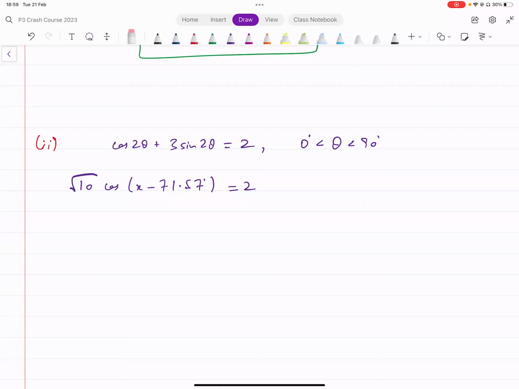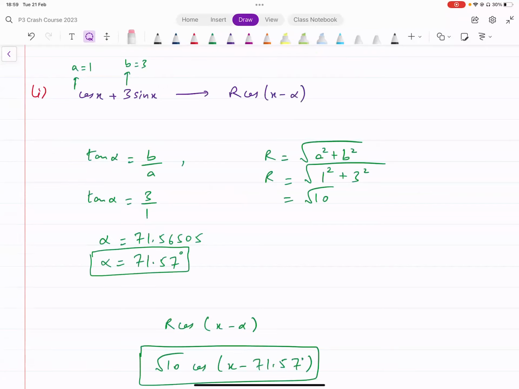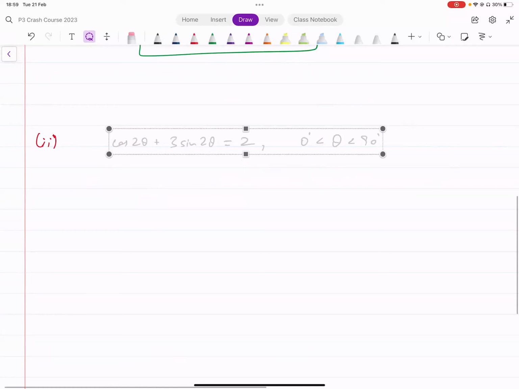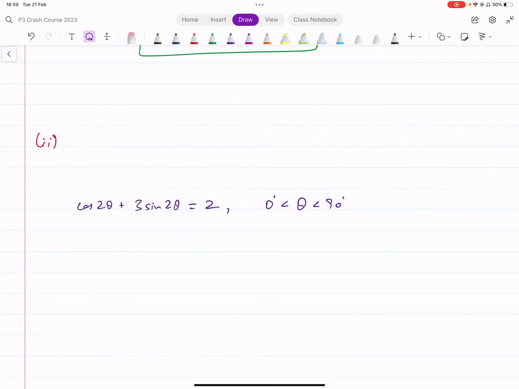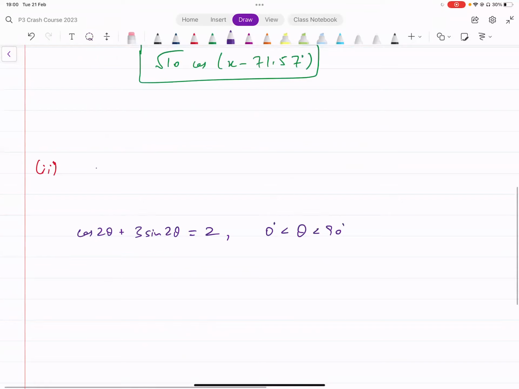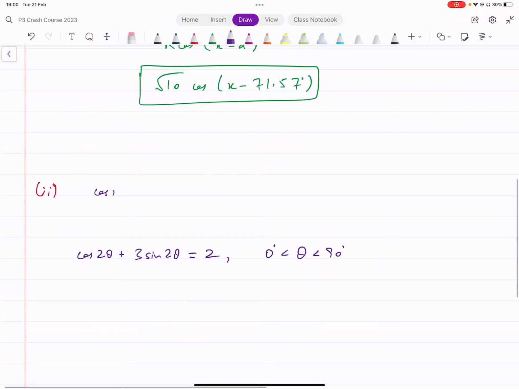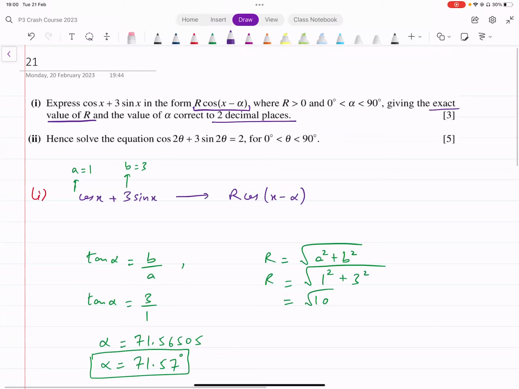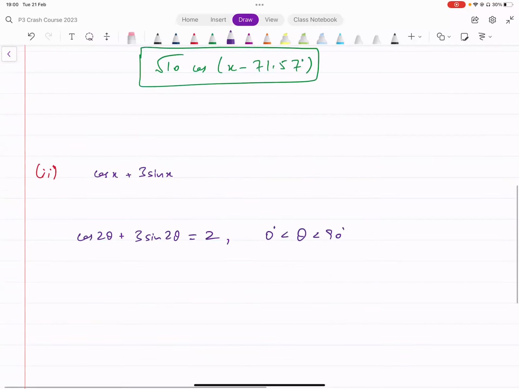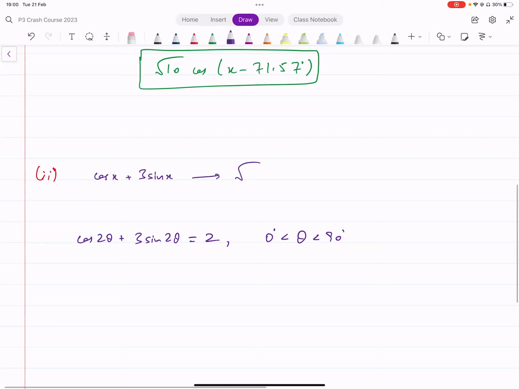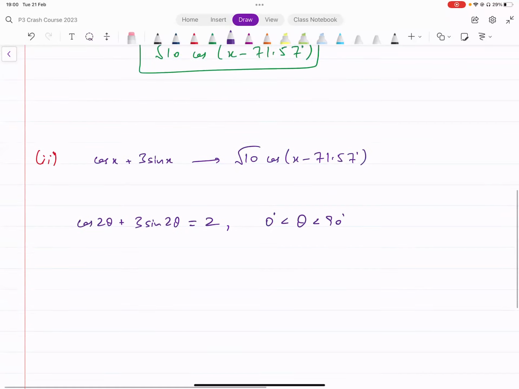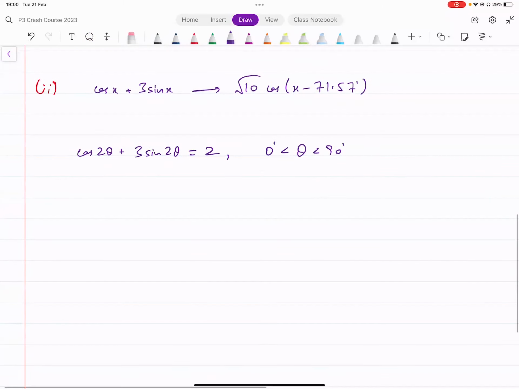And in the first part, what we have done is we had something of this form, cos of x plus 3 sine x. We have converted it to square root of 10 times cos of x minus 71.57. That's what we have done in the first part.